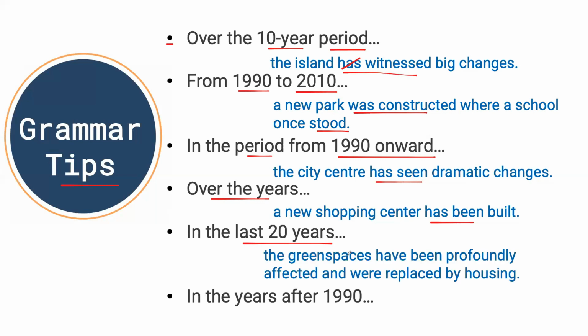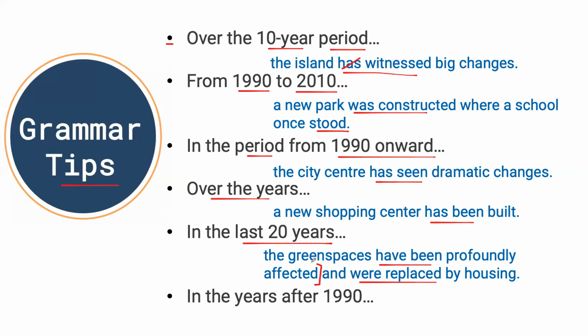In the last 20 years, the green spaces have been profoundly affected and were replaced by housing. So this is a mix. This is really great for your grammar, especially an advanced level of grammar. In the last 20 years, the green spaces have been profoundly affected. So this is continuing up until today, because let's say we're talking about 2000, so we're in 2020.